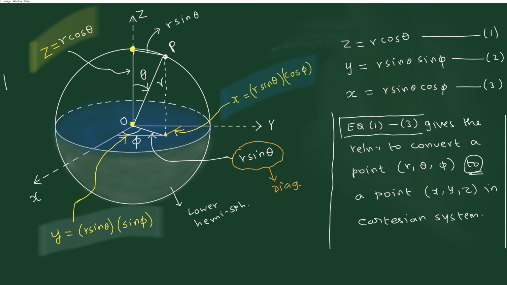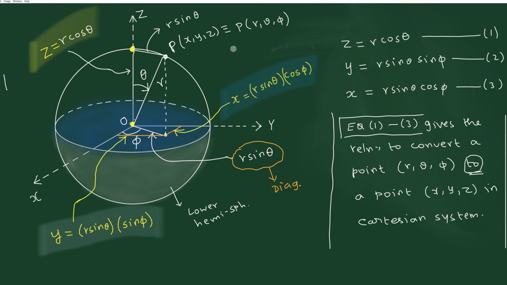What is the differential volume? We have not done that. So that we will do later. Right now we have only a methodology to convert the point. The point P(x, y, z) can be converted to the equivalent value P(r, theta, phi).